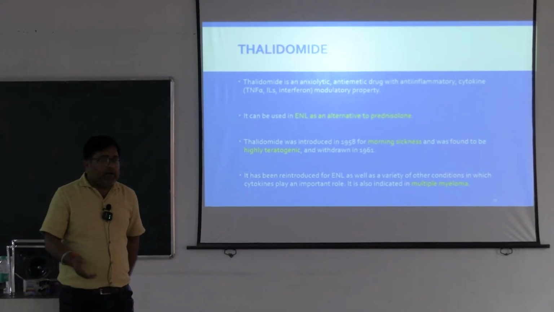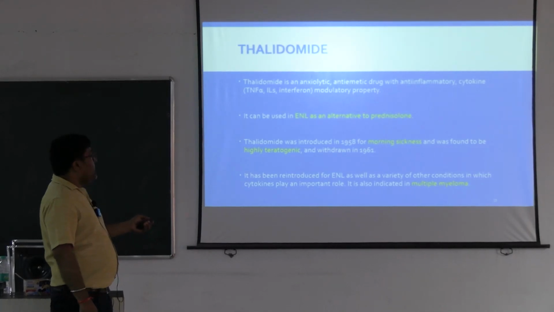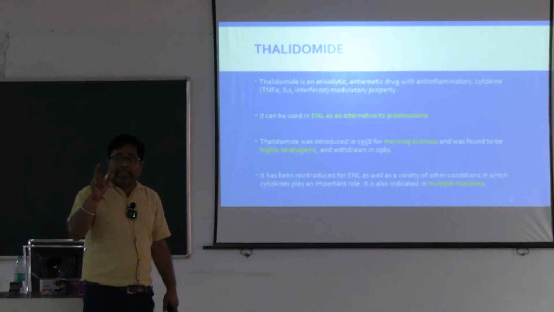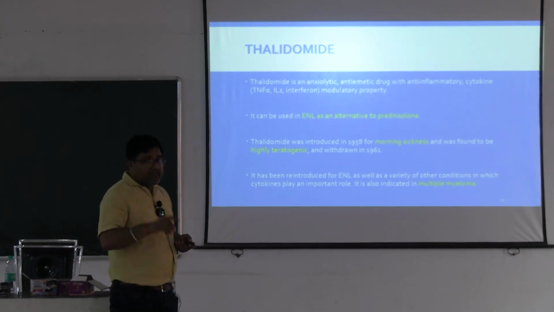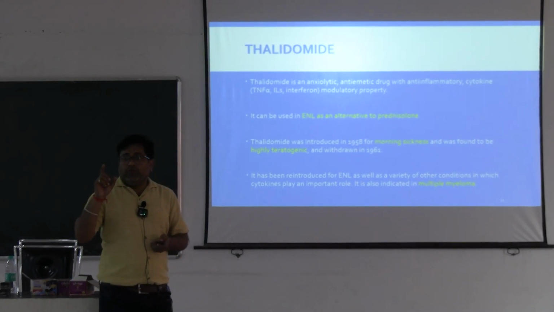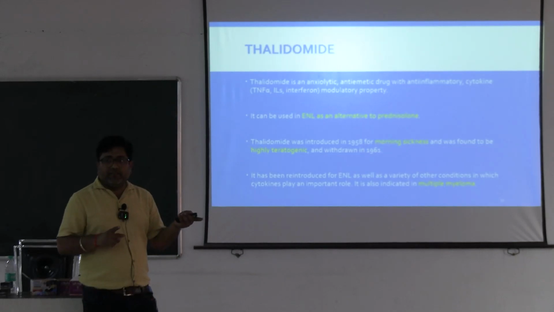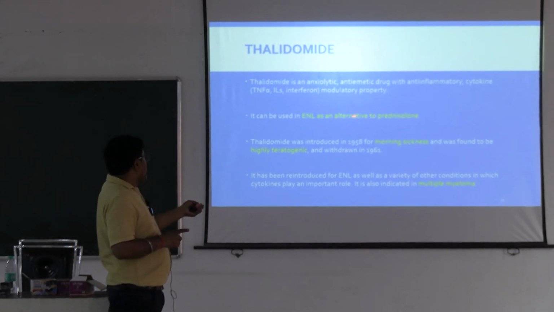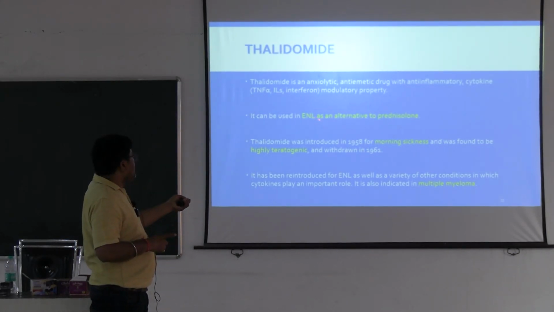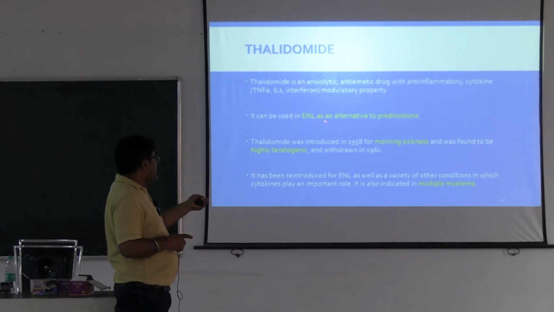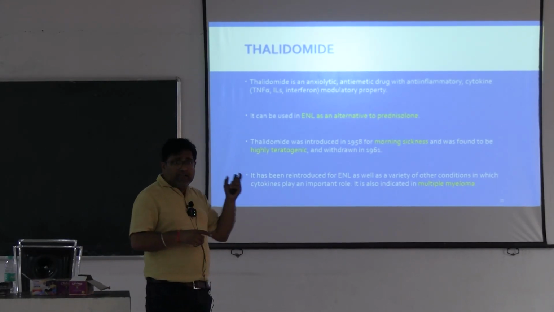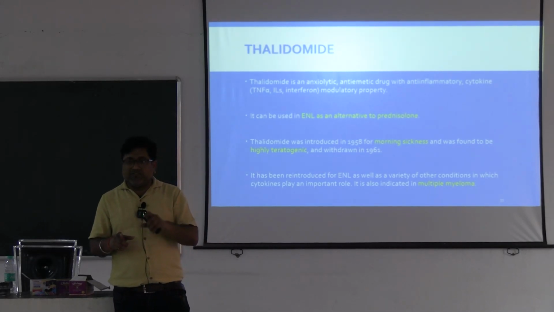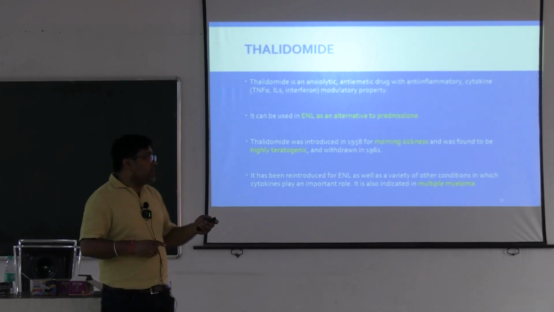In a later period, the drug was introduced again because of its anti-inflammatory and cytotoxic properties. Thalidomide is used in severe lepra reaction, which presents with erythema nodosum leprosum. It is also used in other conditions where cytokine storm is seen, and in multiple myeloma.